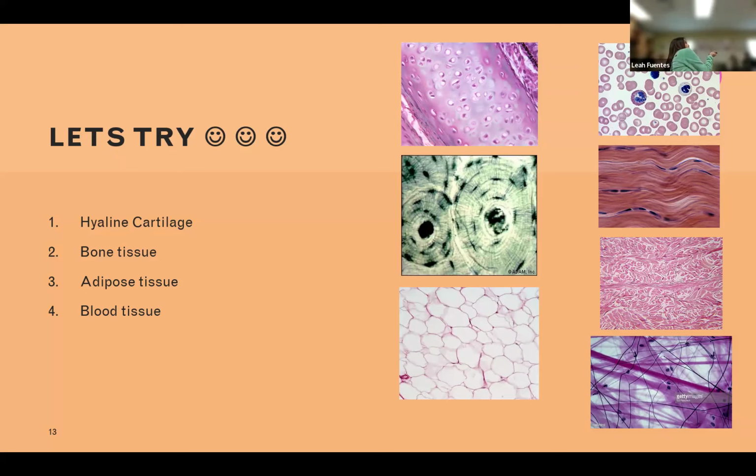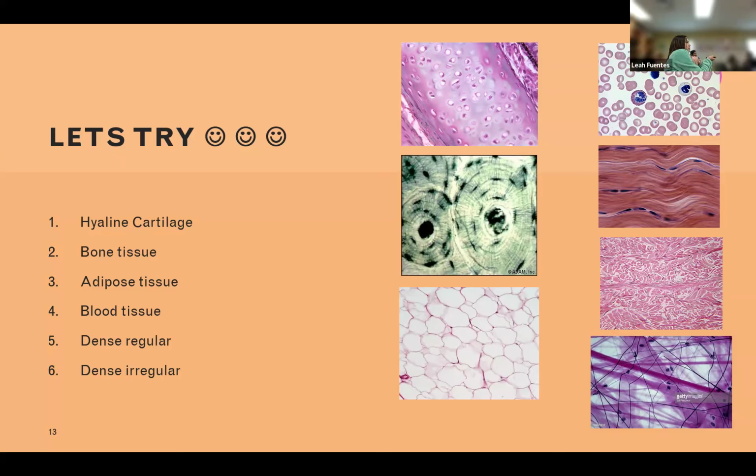What about this one right here? Dense, regular, good. Dense, regular, what? Connective tissue, good. And then this one down here, dense, irregular, connective tissue, good.